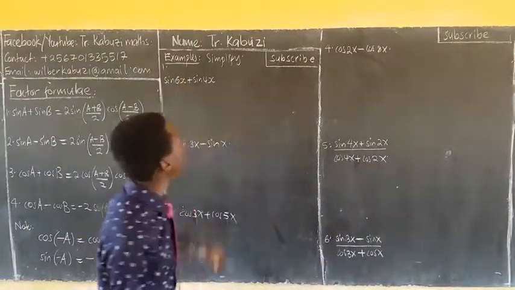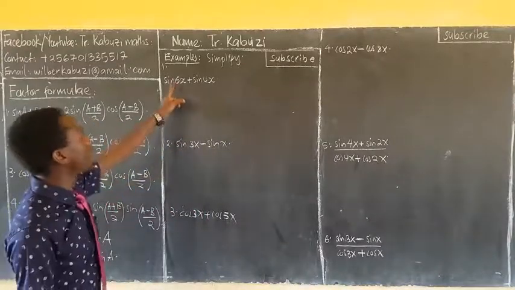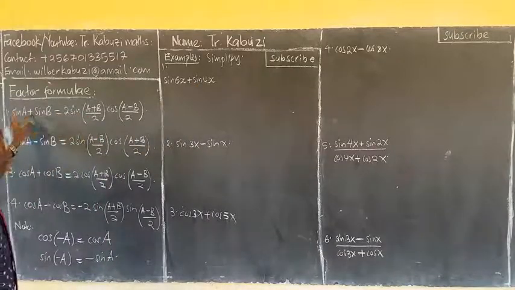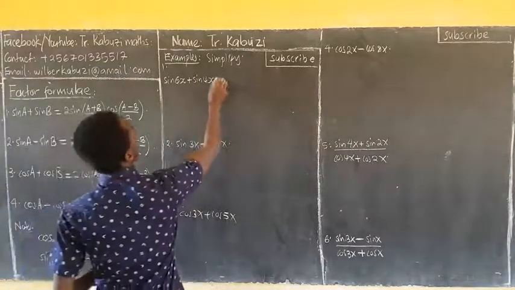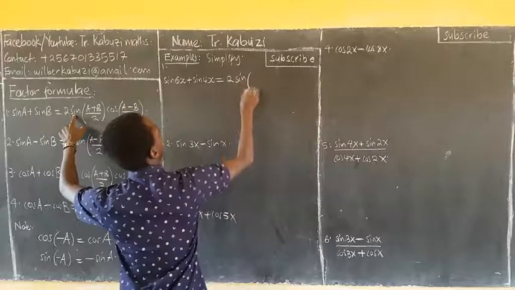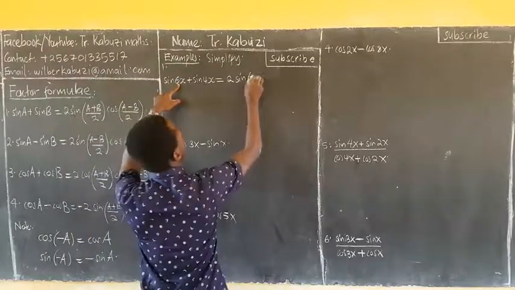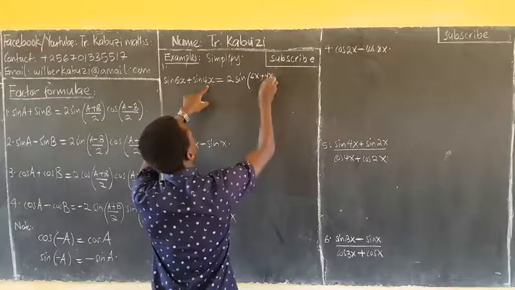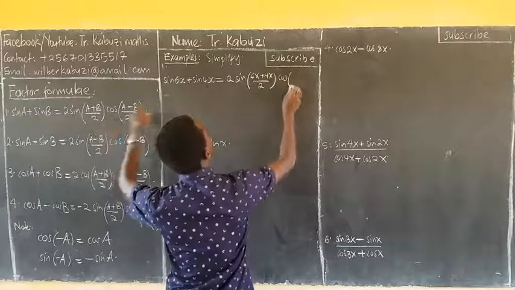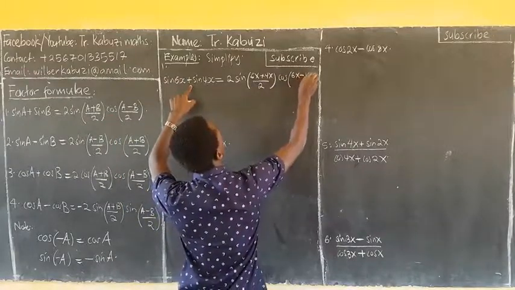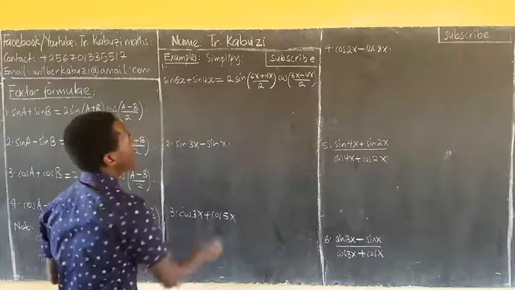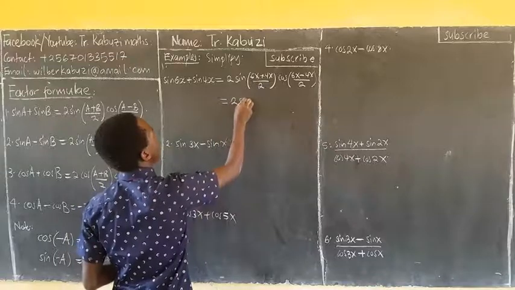Now let us take an example: simplify the following. First I have sine 6x plus sine 4x. Since I am adding, I use the first formula. This is equal to 2 sine of (6x plus 4x) over 2, times cos of (6x minus 4x) over 2.